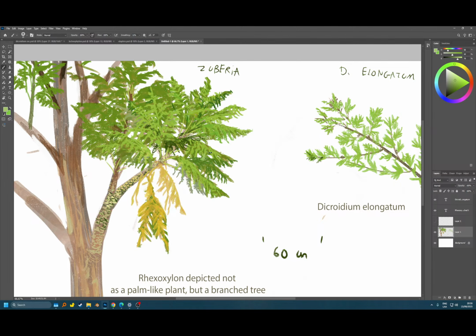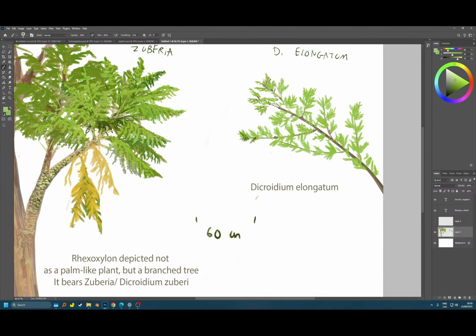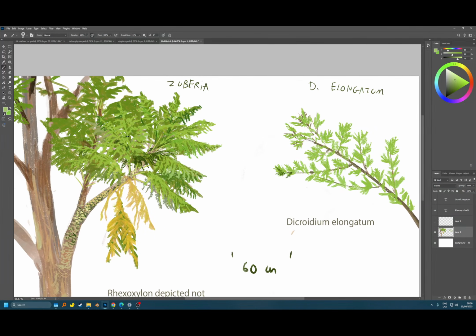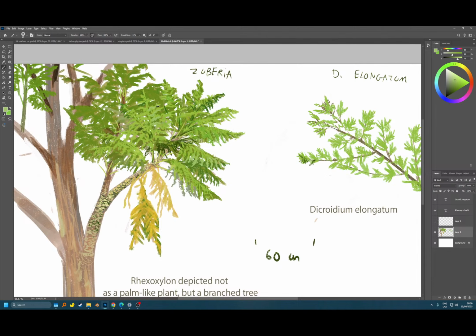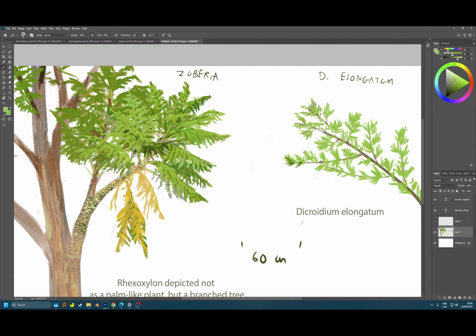But I don't think, given the evidence, that we can really favor one model or the other, especially given the fact that the only attached Dicroidium leaves always occur in branched trees. So I'm going with this one.